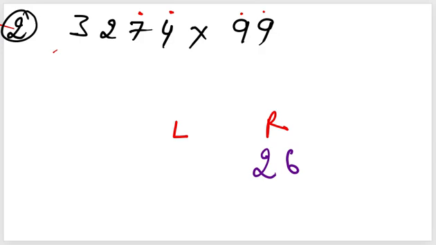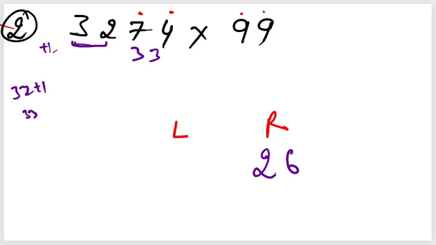Now what is the next step? This number which is 32, you will add 1 to it. So when you add 1 to this number, 32 plus 1 is going to be 33. So subtract 33 from the whole number.